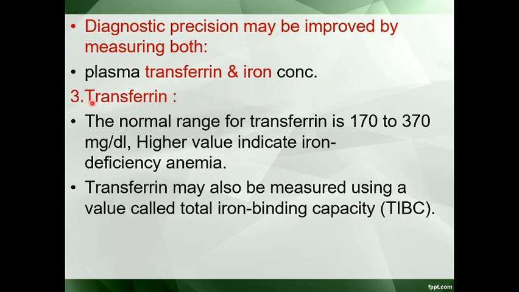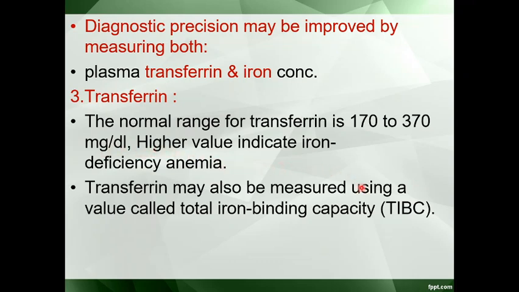What is transferrin? How can it be measured? You know that transferrin is the transporter which transports iron from the blood to the tissue cell, and you have seen in the last lecture that it transports iron in the ferric form. The normal range of transferrin is 170 to 370 milligram per dl.